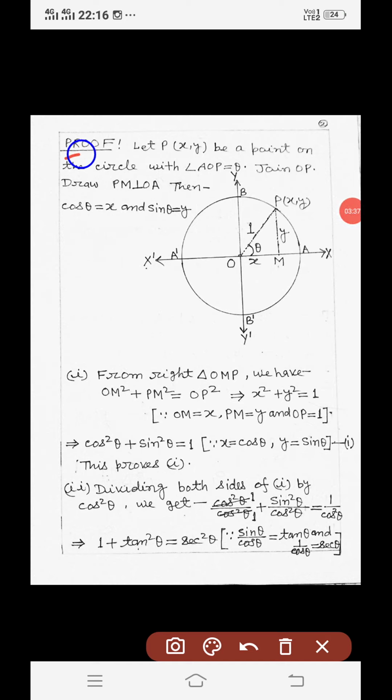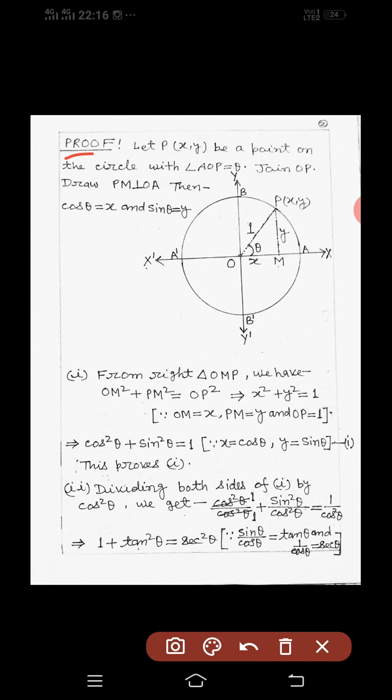Proof: let X'OX and YOY' be the coordinate axes. Taking O as the center and a unit radius, draw a circle meeting OX at A. Let P(x, y) be a point on the circle with angle AOP equal to theta.